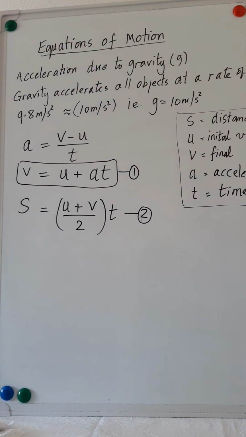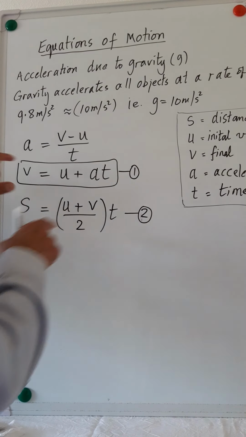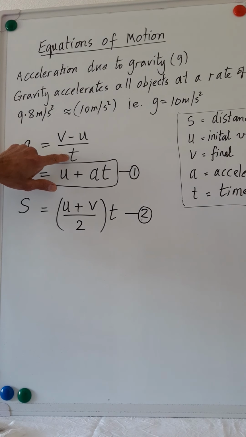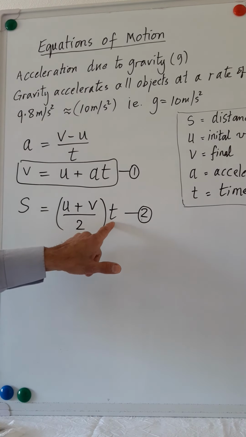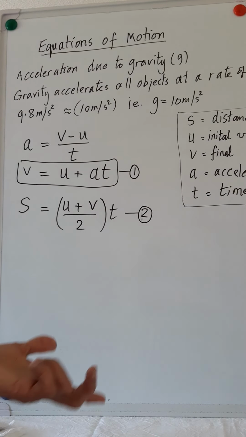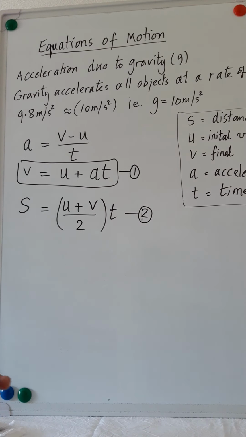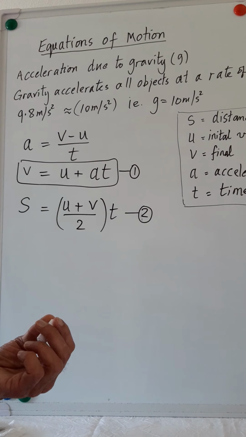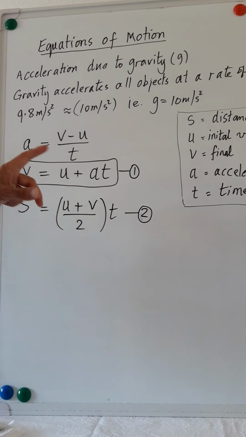Now we can get the third equation from this. If we rearrange for t here, t will be equal to v minus u divided by a, and substitute into this one. You don't really need to know the proof. For the GCSE, you're not required to know how to prove these equations. So I can just show you where it comes from, and we will write it down.